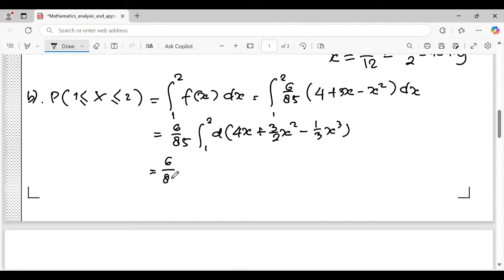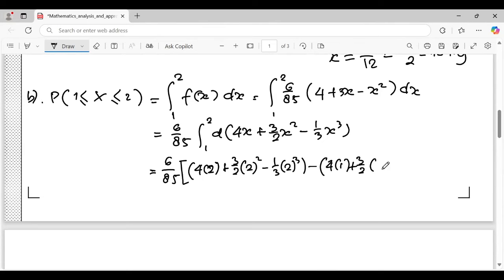It becomes 6 over 85 times, 4 times 2 plus 3 halves times 2 squared minus 1 over 3 times 2 cubed, minus, 4 times 1 plus 3 half times 1 squared minus 1 over 3 times 1 cubed.